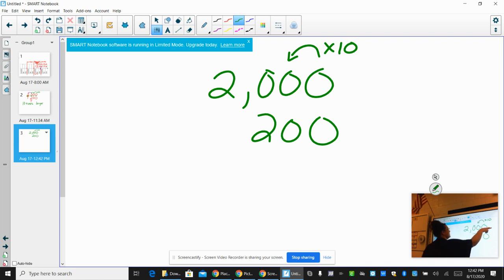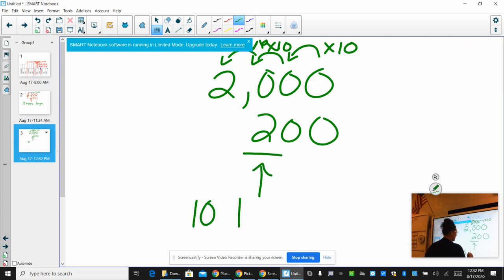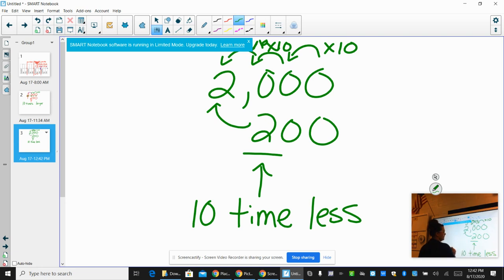So we're saying 1 times 10 equals 10, and 10 times 10 equals 100, and 100 times 10 equals 1,000. So we're saying this 2 in the hundreds place is worth 10 times less than the next 2 in the thousands place.